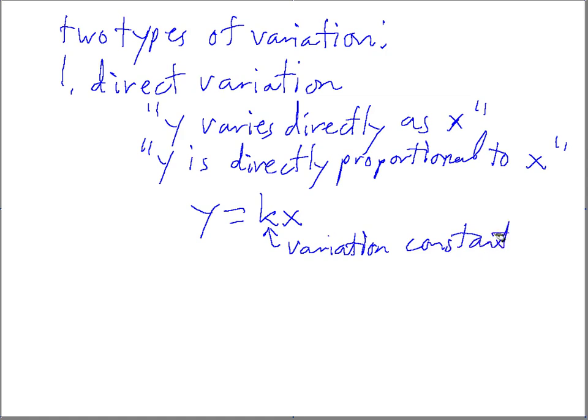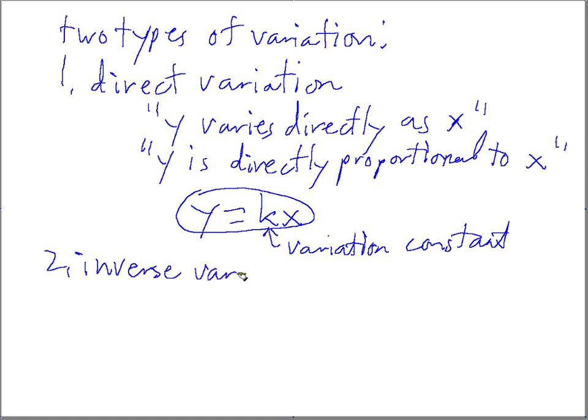That means k is a number that will never change, right? So think of this equation when you see direct variation or these types of phrases. Think of this equation to relate x and y, all right? Let's take a look at the second one. Inverse variation.